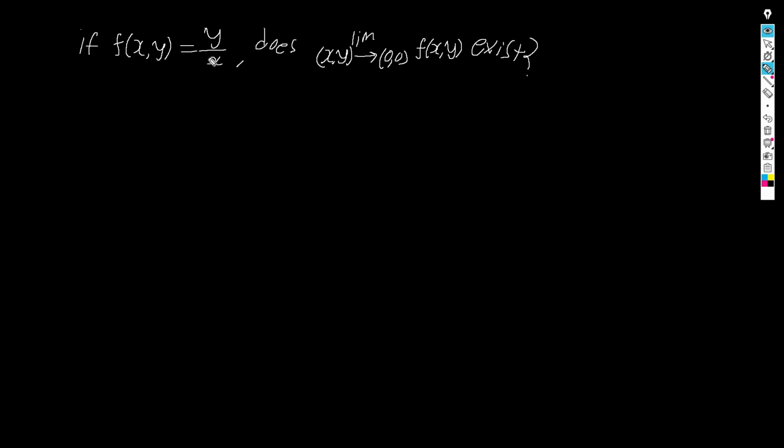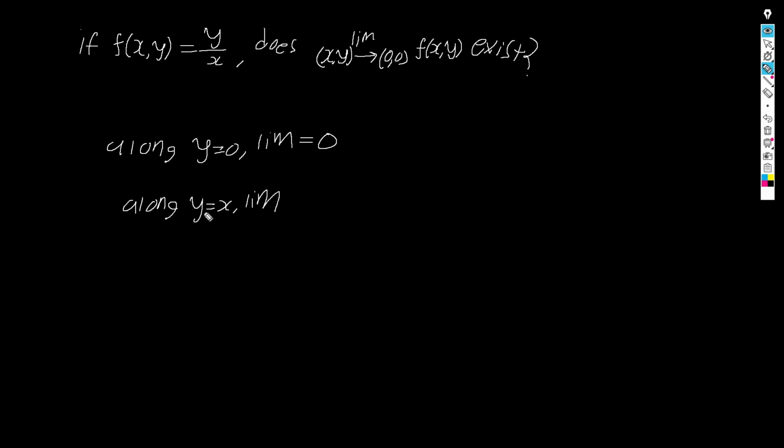In other words, the y-axis is not in the domain of this function, so we're not going to consider those. We're going to notice that along the line y equals 0, as we approach the origin along this line, the function approaches 0 because y is 0, so 0 on anything is just 0.